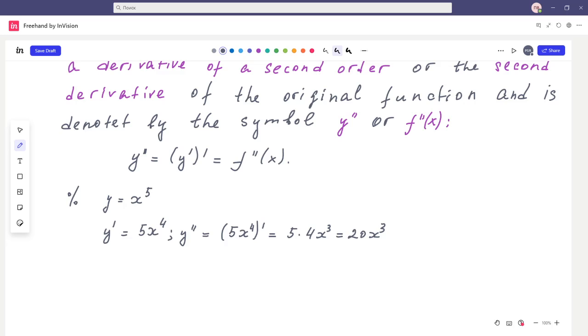The derivative of the second derivative is called a derivative of the third order, or the third derivative, and is denoted by y triple prime or f triple prime of x.